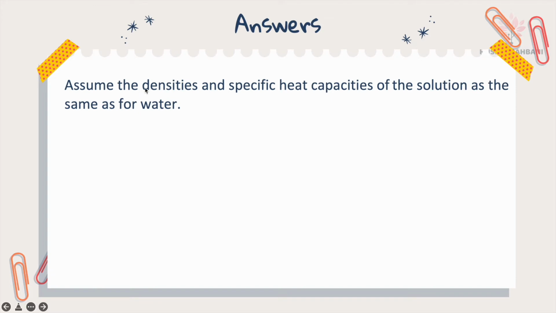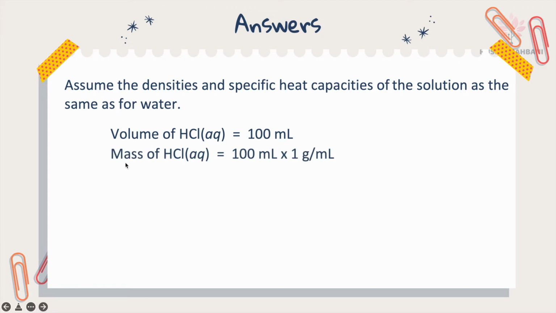Next, assume the density and specific heat capacity of the solution are the same as water. So here we have volume of acid 100 ml. We need the mass of the solution, so we have to convert the volume of HCl into mass of HCl.